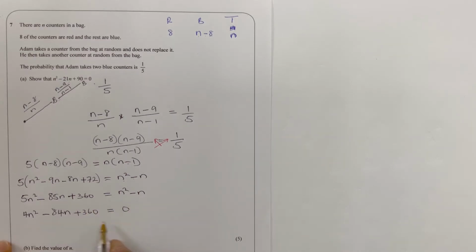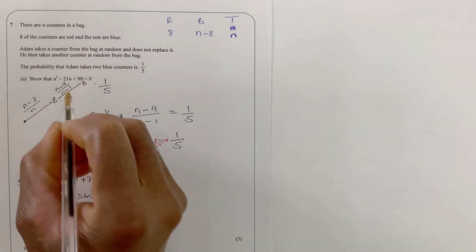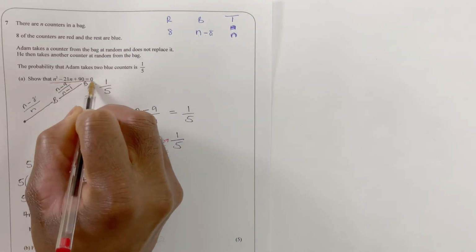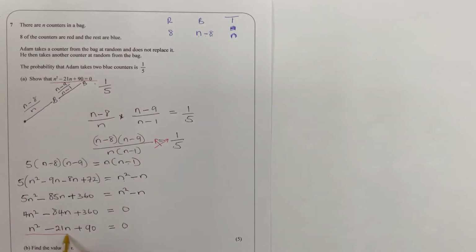If I divide both sides by 4, I'm going to get n squared minus 84 divided by 4, which is 21n, plus 360 divided by 4, that would be 90, equal to 0. And that's the proof that is requested of us. So we've done the proof.